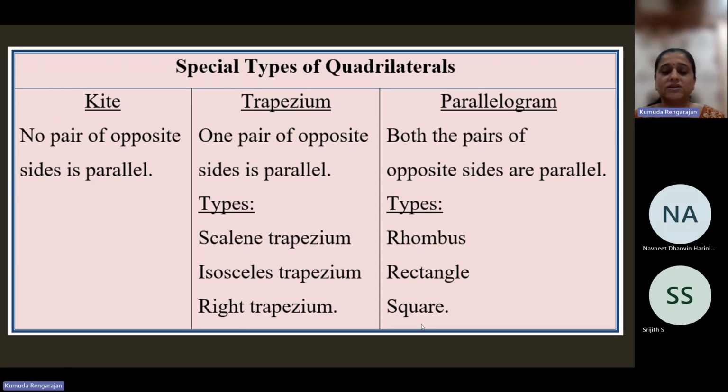I'll just come back, read the contents of the slide. The slide shows what I just explained. Special types of quadrilaterals. Just go through, I'll come back.